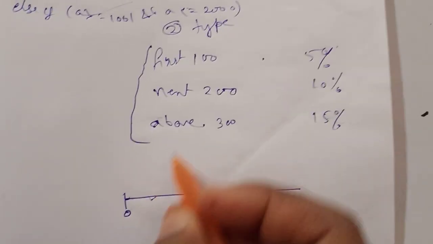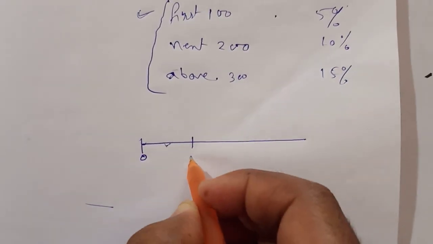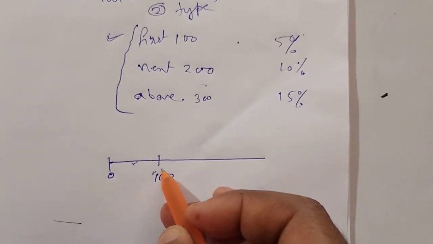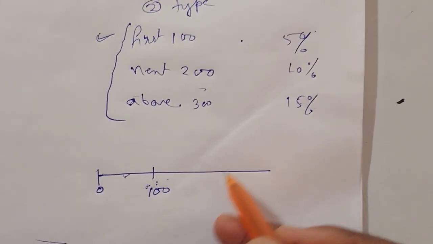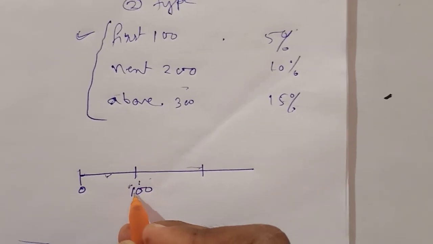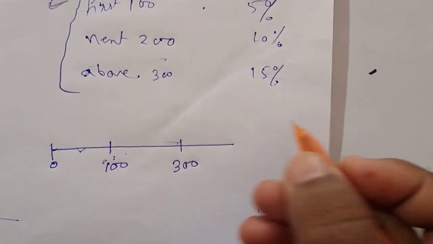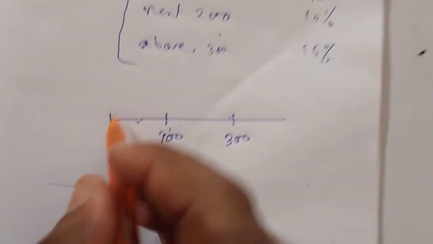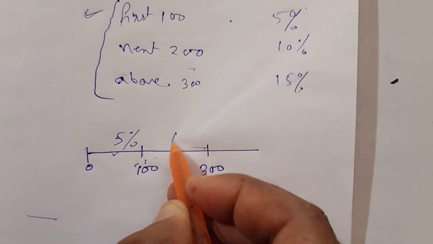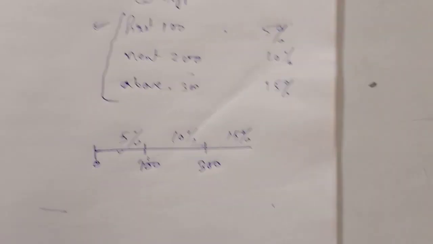This way you can do, but for this case I will tell you, make a straight line, starting point always 0. The first one is first 100, so suppose I am taking this as 100. Next 200 means after this 100, next 200, so after 100 next 200 becomes 300. So this is the 5%, this one is the 10%, and this is the 15%.